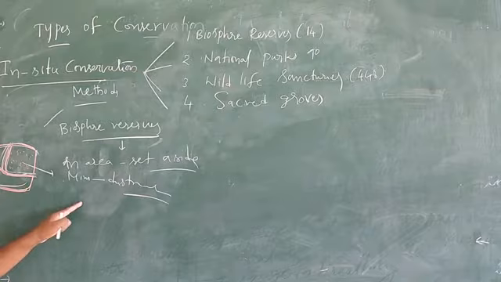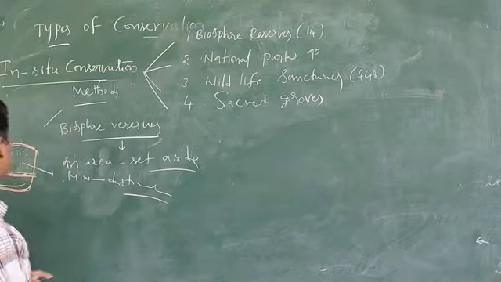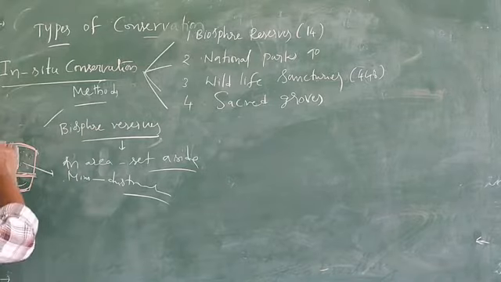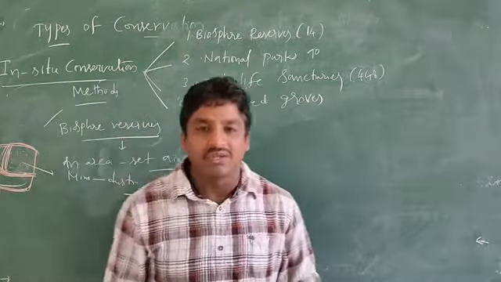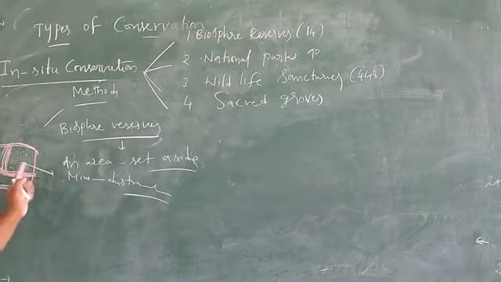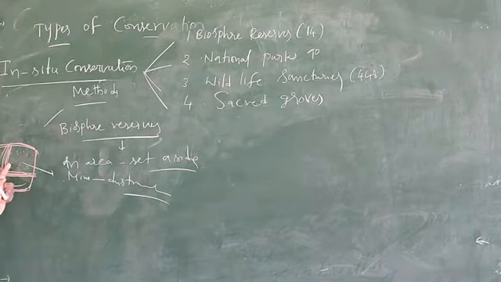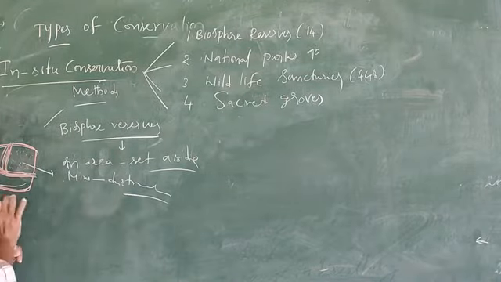It is a completely restricted, prohibited area. Human activities are not allowed here. Such an area we call a biosphere reserve. Once again, a biosphere reserve means an area set aside in a disturbed area.